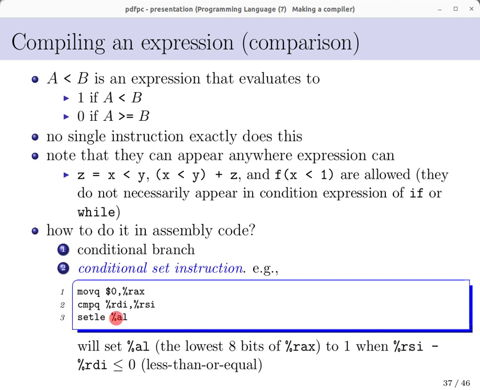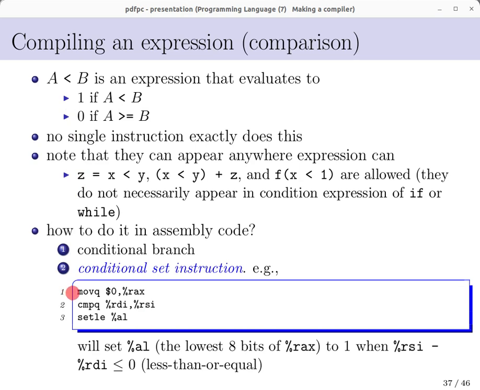It sets this register to 1 if the last comparison is less than or equal to 0. So it is essentially comparing RDI and RSI, and if RSI minus RDI is less than or equal to 0, then it sets this register to 1. In this way, you can obtain the desired results.